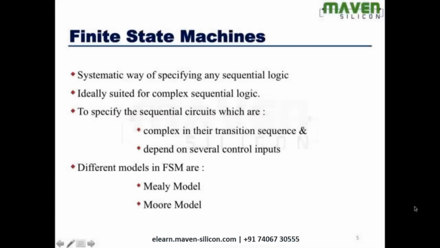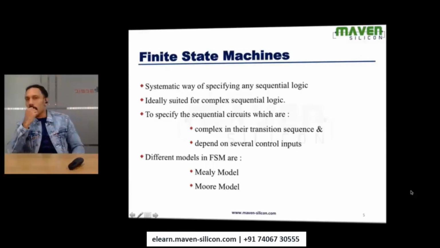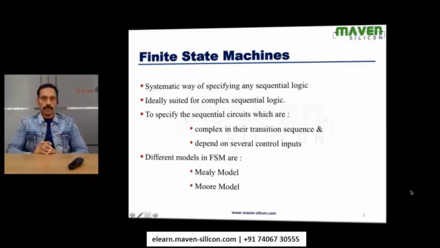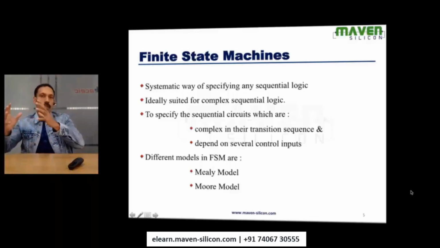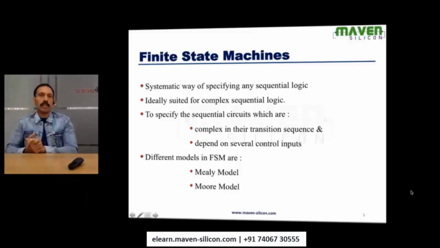When we go for a finite state machine: if the functionality of any sequential logic circuit is very complex, then we go for a finite state machine. Let's say the logic circuit moves through various possible states. There are different kinds of control inputs. For a particular set of inputs, it gets into a particular state, and based on the state, it produces a particular output.